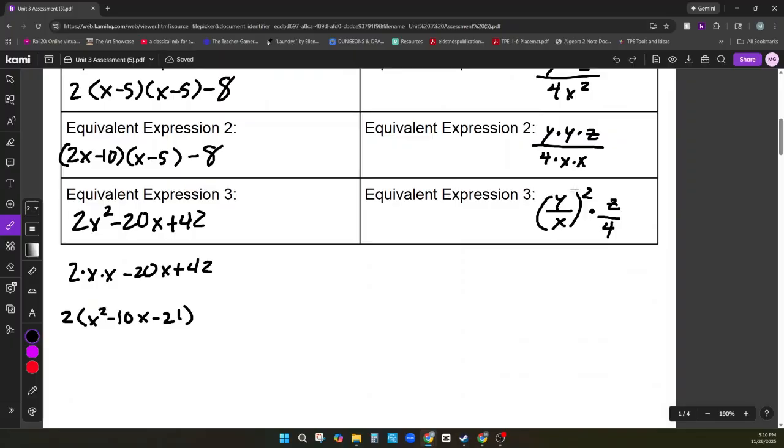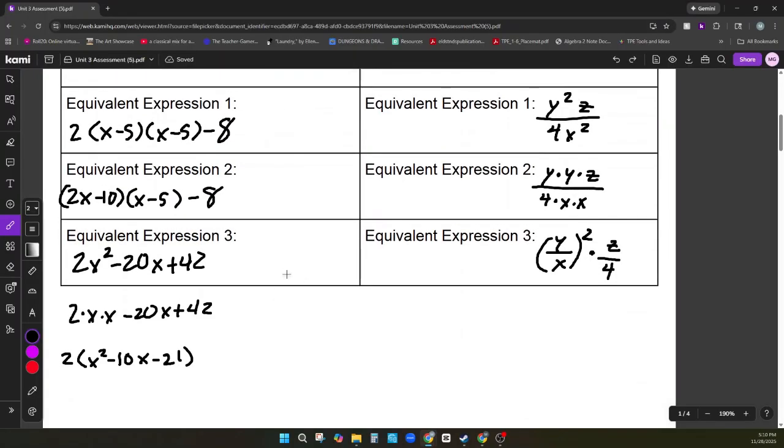Now, some creative solutions that I like are if I write 4x squared all over y squared z, all to the power of -1. That's implementing our negative exponent rule. Another way that I saw this done was, some people included some other y values.